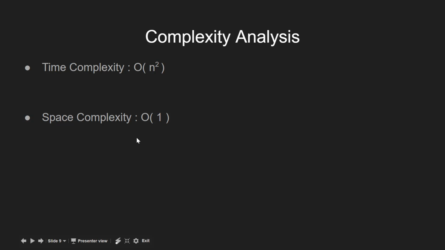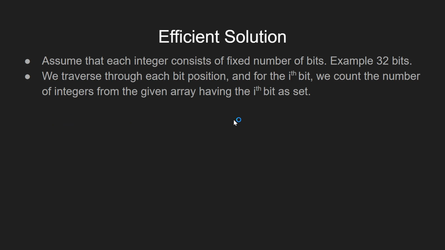Let's go for that. The efficient approach is based on the fact that ultimately the problem is asking to count all the 0, 1 pairs at all possible bit positions. This approach assumes that each integer in the given array has a fixed number of bits, for example, say 32 bits. Now, instead of going for every possible pair, we traverse each bit position, and for any arbitrary bit position i, we count the number of integers having the ith bit as set.